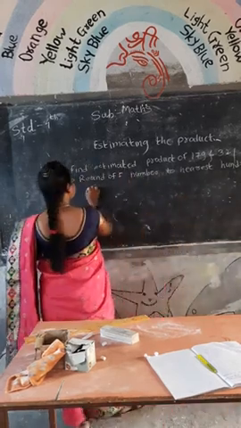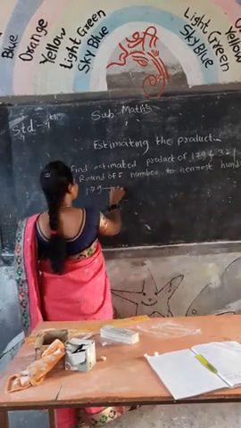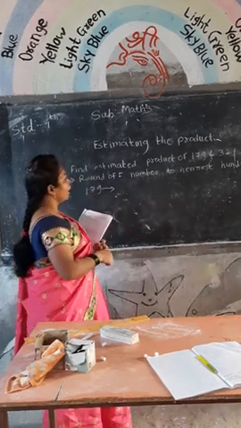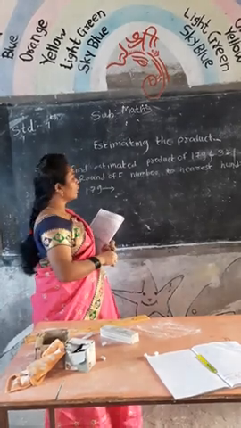First number is 179. Then round up this number to the nearest 100.